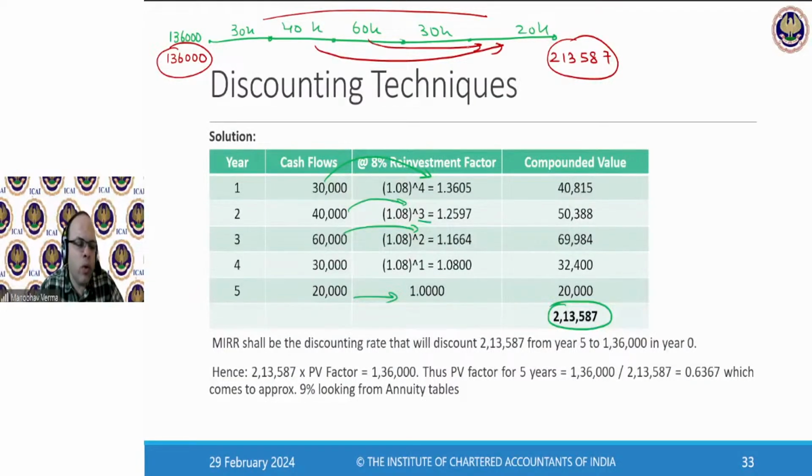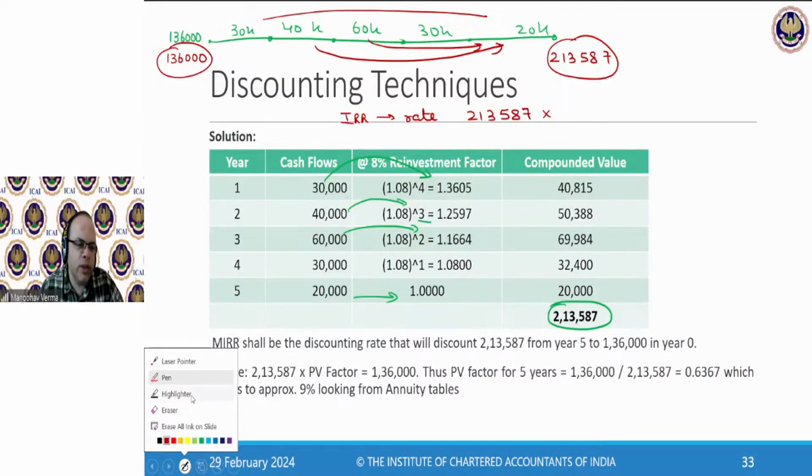Now IRR would be that rate. Let me put an equation, guys.